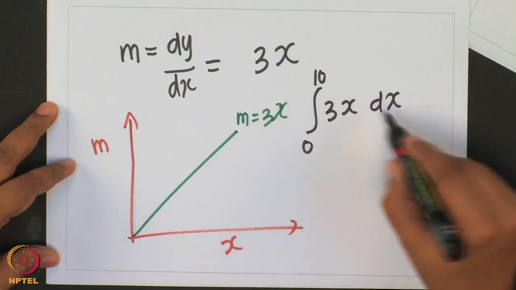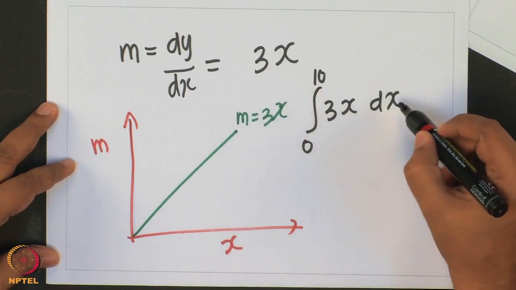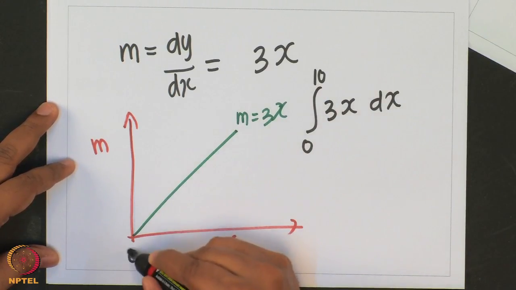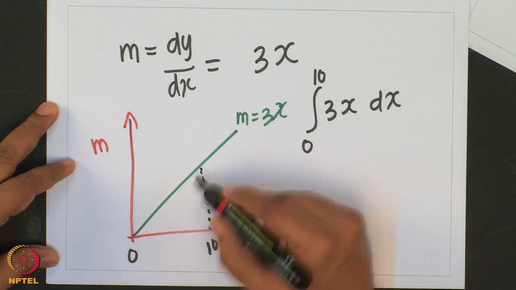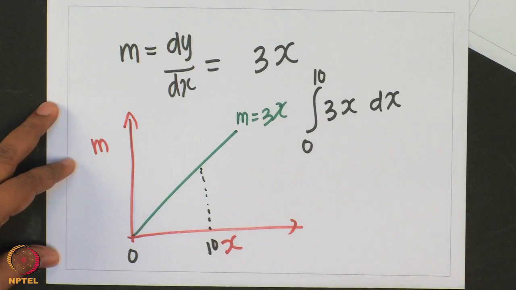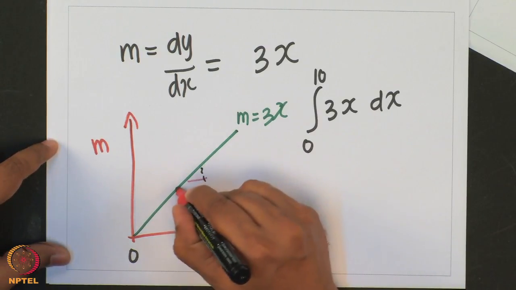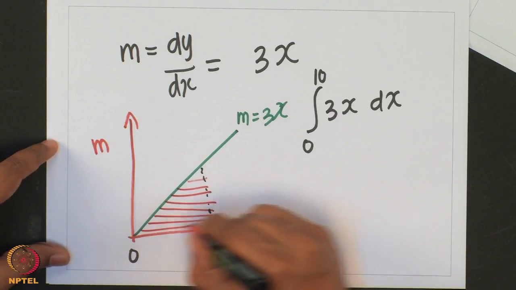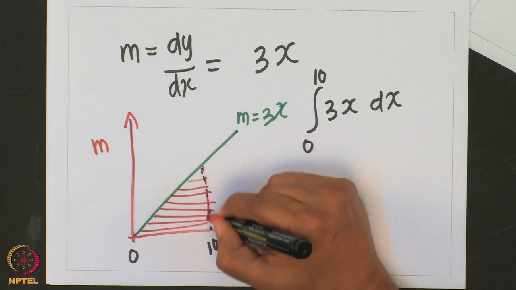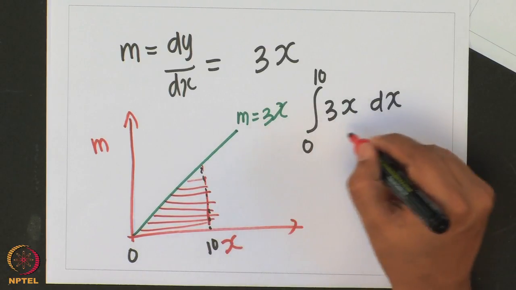If I want to calculate this, take these 2 points 0 and 10 and calculate the area under this curve. If I can calculate this shaded area between 0 and 10, this is my 10.